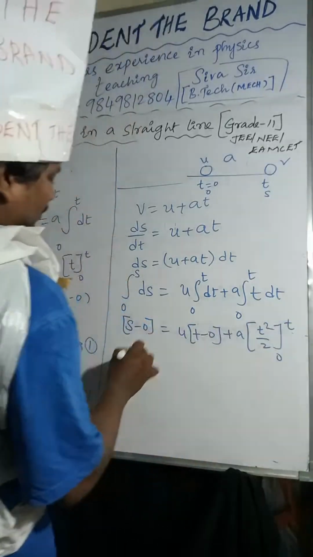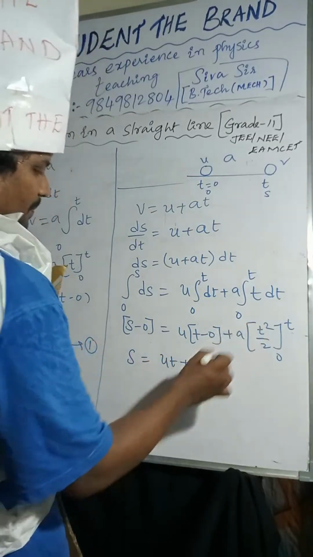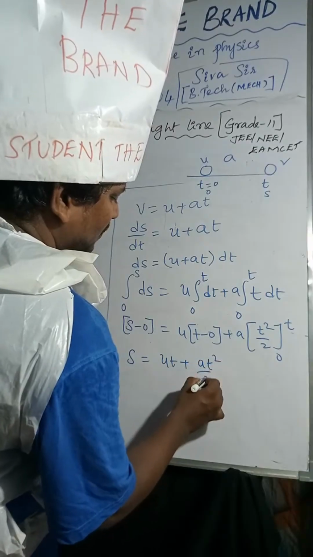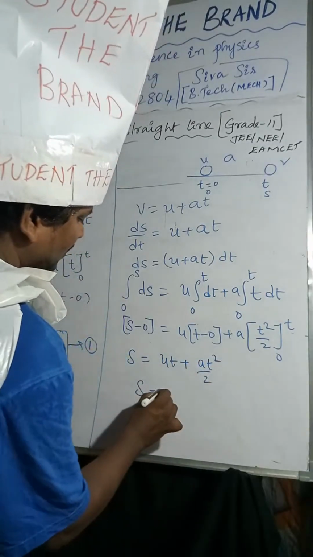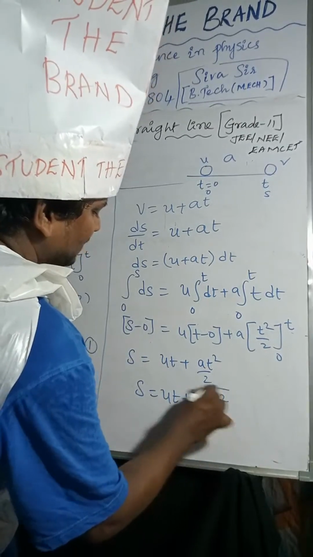So now s equal to ut plus at square by 2, that is s equal to ut plus half at square.